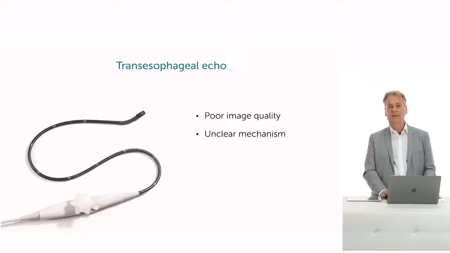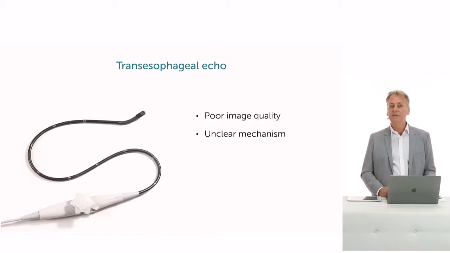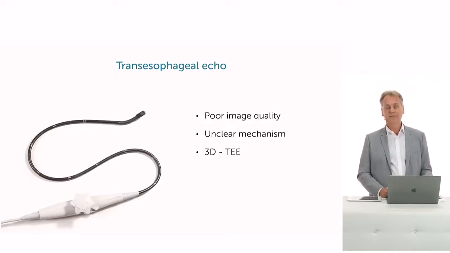Transesophageal echocardiography is important. It should be used, especially if you have poor image quality, but in our laboratory we use it also for other indications. If we have an unclear mechanism and cannot clarify the reason why the patient has mitral regurgitation, we use it in conjunction with 3D TEE, where we want to display the pathology or the morphology better.